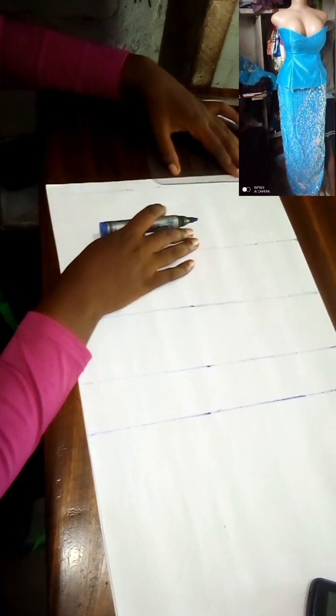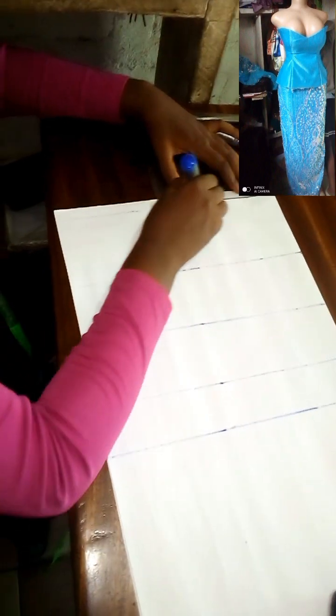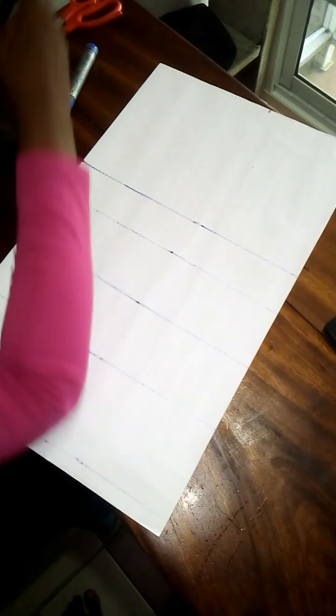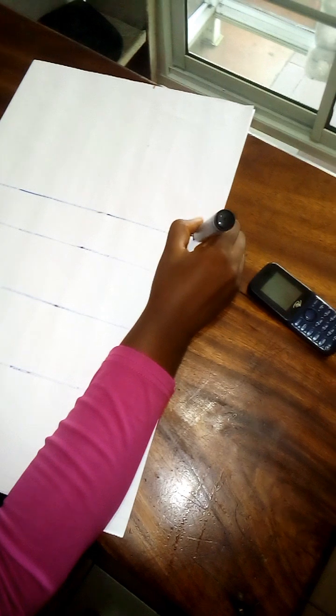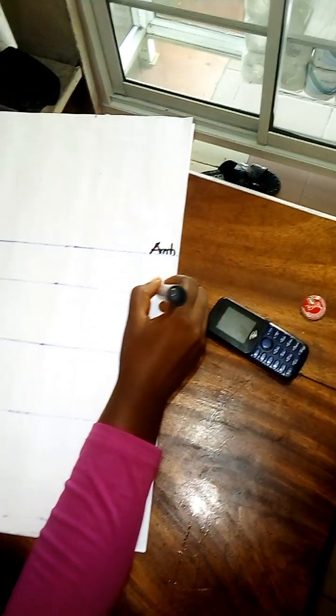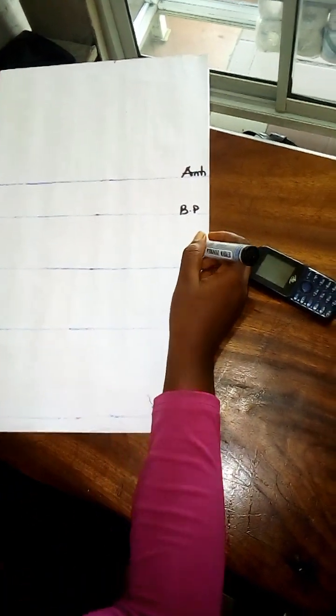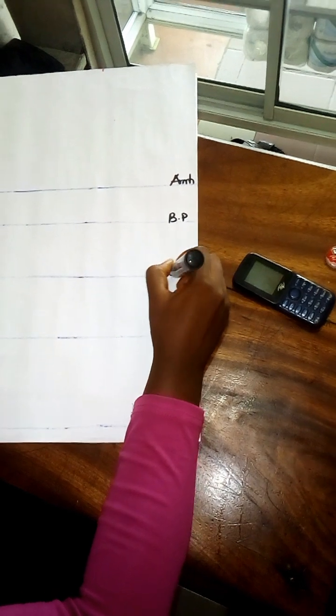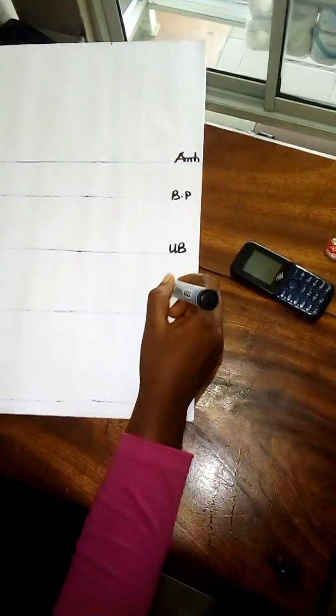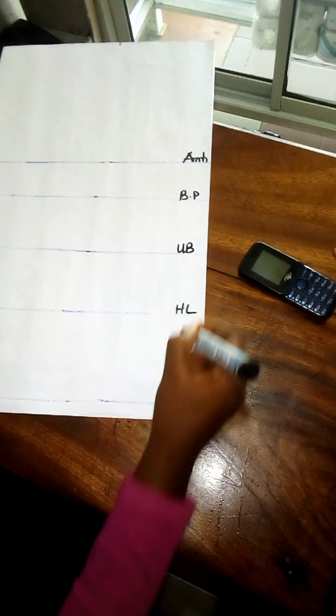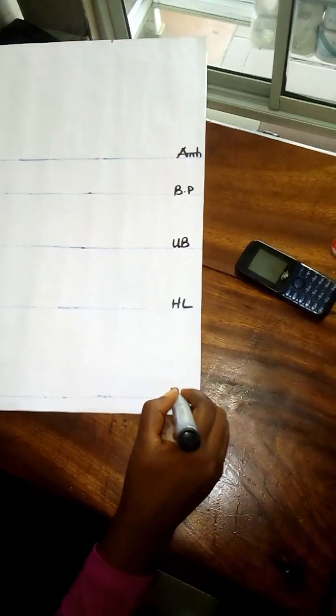So I'm done with my shoulder to under bust, and then that's my blouse length. As you can see, we have all our lines intact. I'm going to label them so that you can see them and know how to do yours as well. So just watch it.